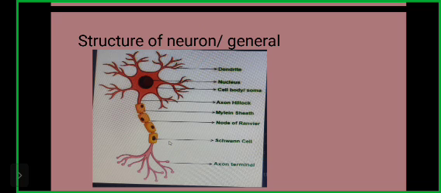So it processes the signals, in short, or it controls the activities inside the cell.